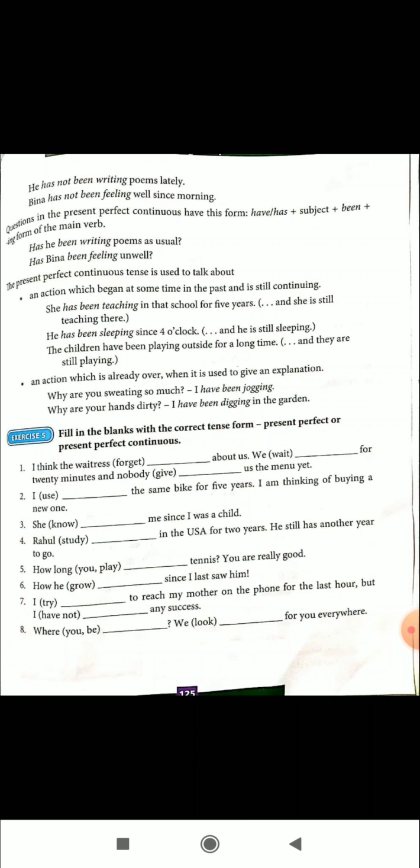For is used for 3 hours, for 10 days, for 3 years, etc. So this is about present perfect continuous tense. The main point: if an action started in the past but is still continuing, then we have to use present perfect continuous tense. A couple of exercises I will do for you.